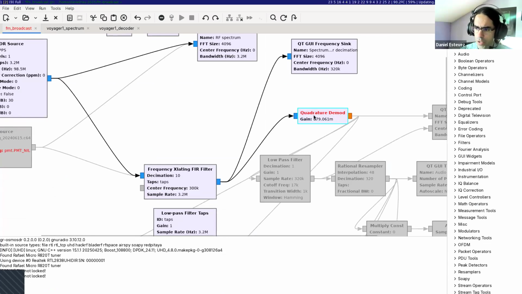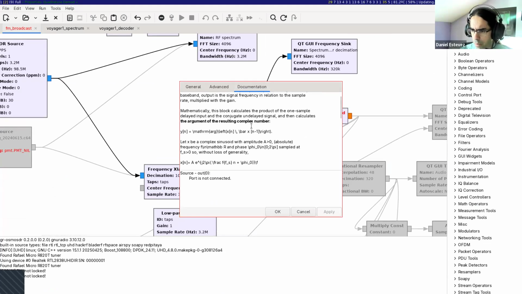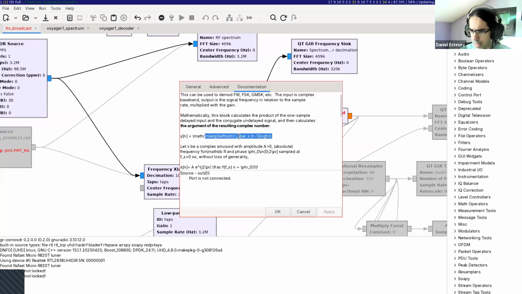That stands for quadrature demodulation. It's a historical term from how this used to be done in analog receivers.